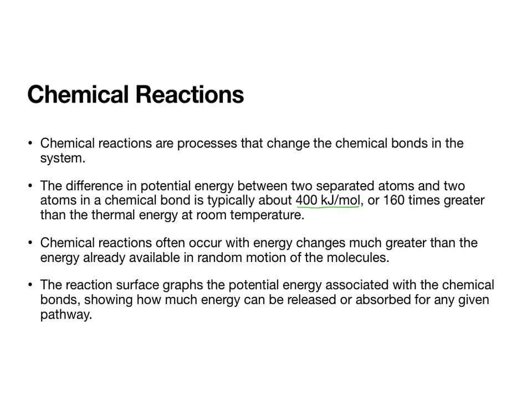This is 160 times greater than the thermal energy at room temperature. Chemical reactions often occur with energy changes much greater than the energy already available from the random motion of molecules. And so this means that in the process of doing a reaction, we can get energy from the system.